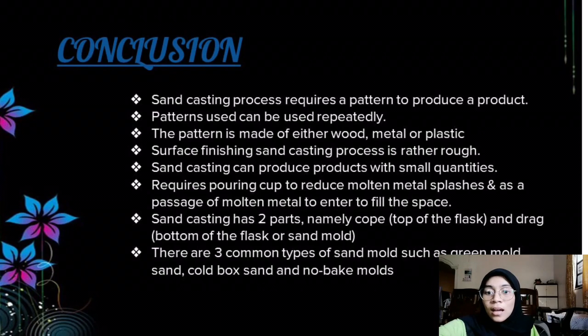Next, there are three common types of sand mold, such as green mold sand, cold box sand, and no-bake mold. In this workshop, we usually use green mold sand because the cost is very cheap.